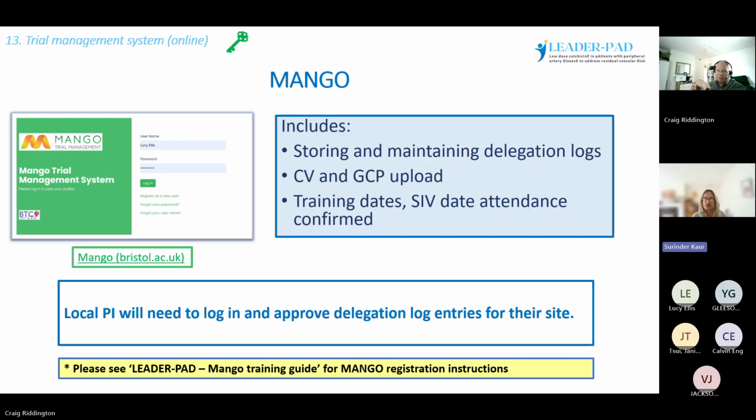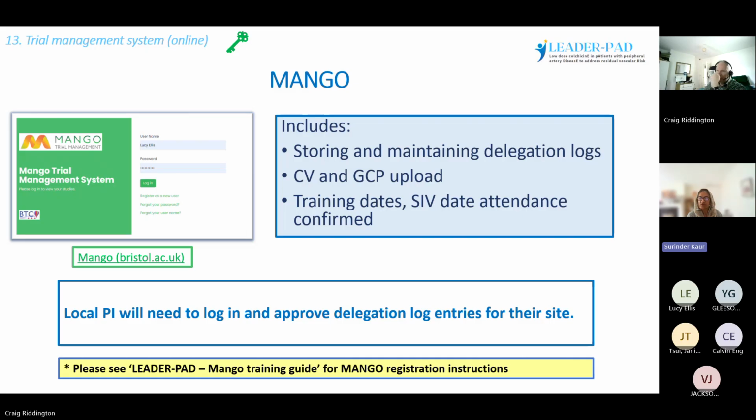Please make sure you have completed all your training for your role as highlighted on the training matrix, and then register with Mango. Mango asks for code words to show that you've watched the database and Rome training videos if they're relevant for your role. Just to note that at least the main pharmacist and the technician, the two lead members of the team, should be added to the study delegation log.